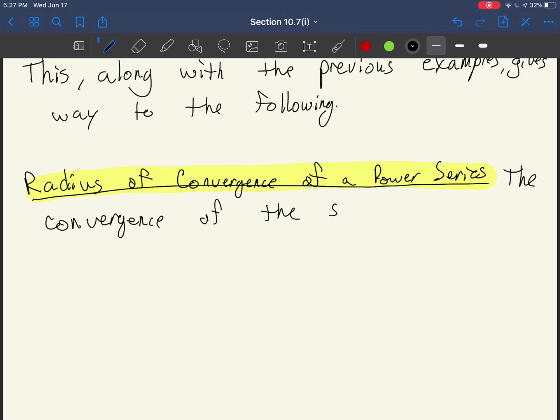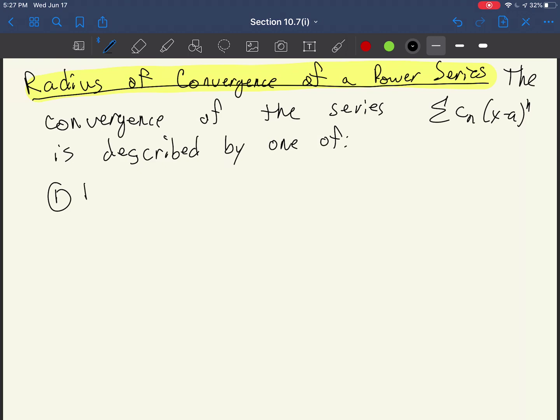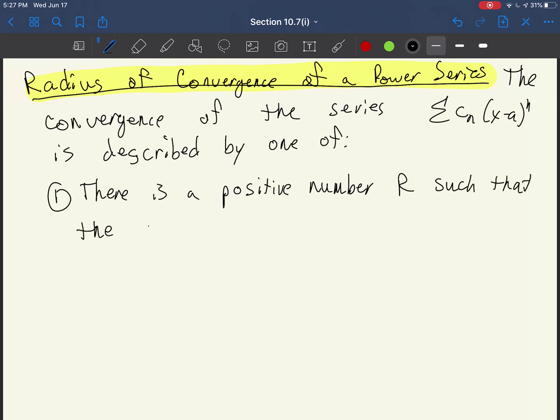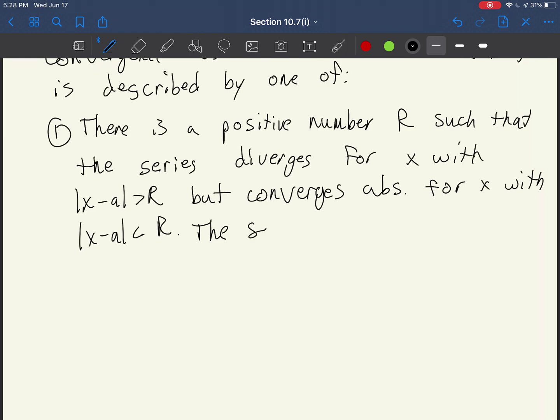Okay, the convergence of the series summation of Cn times x minus a to the n is described by one of three things. Either there is a positive number r such that the series diverges for x with the absolute value of x minus a bigger than r, but it converges absolutely for x with the absolute value of x minus a less than r.